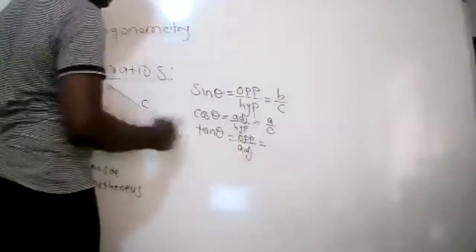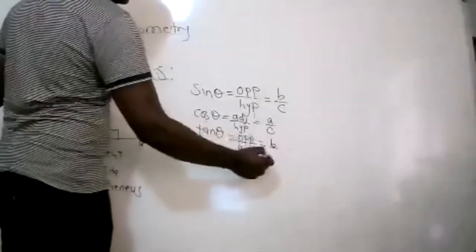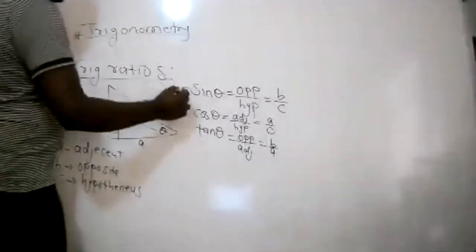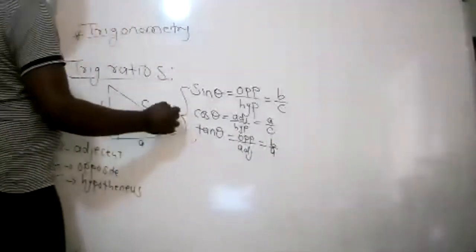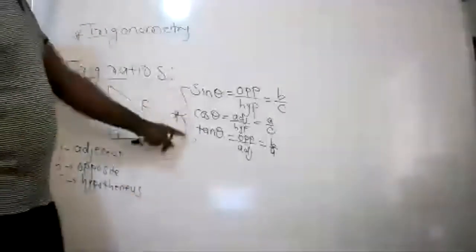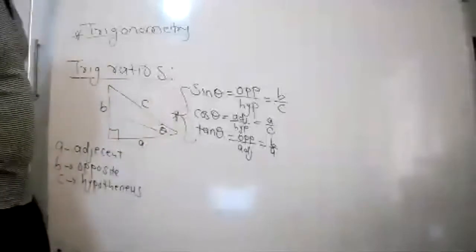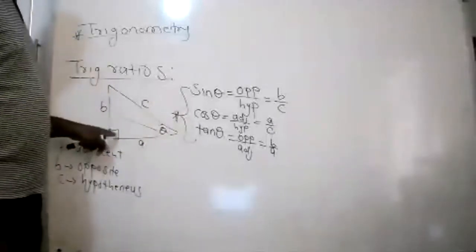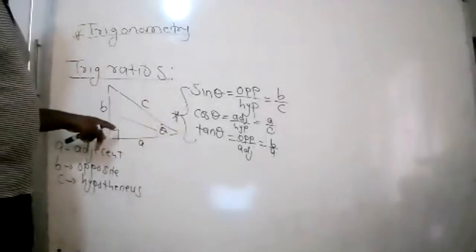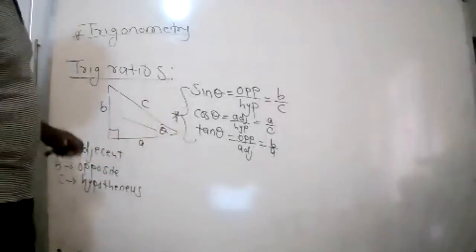In this case opposite is given as B, and adjacent is given as A. So this is very important in order to answer questions under trigonometry. You must understand this, which we call the trig ratios. And take note of the fact that we use trig ratios when we are having the right angled triangle. I hope that statement is clear.